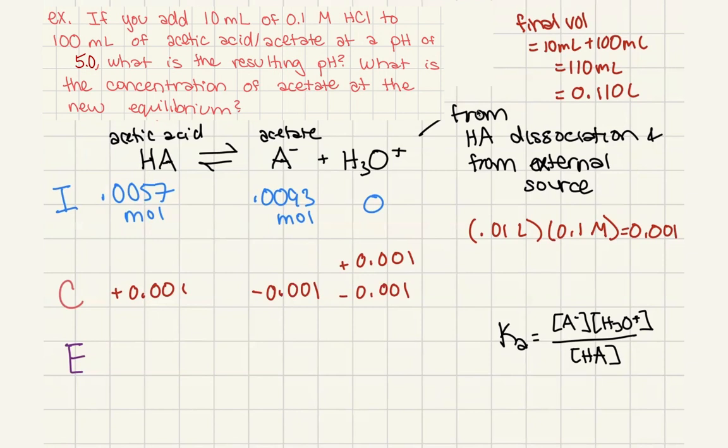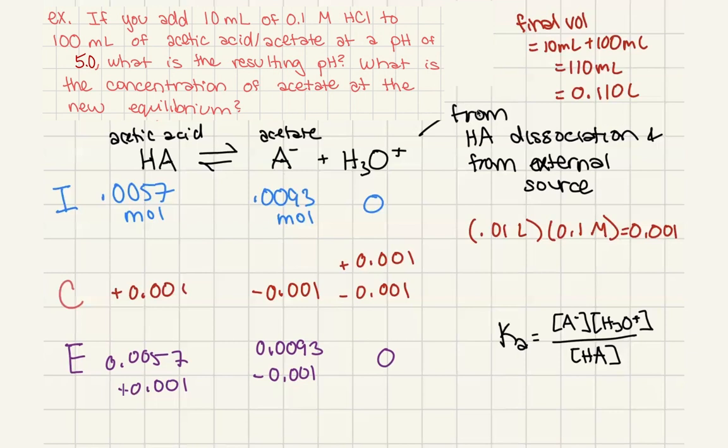In this case, what we have is 0.0057 minus 0.001. Here we have 0.0093 minus 0.001. And here we'll have 0 because we've used up all of the acid that we added.